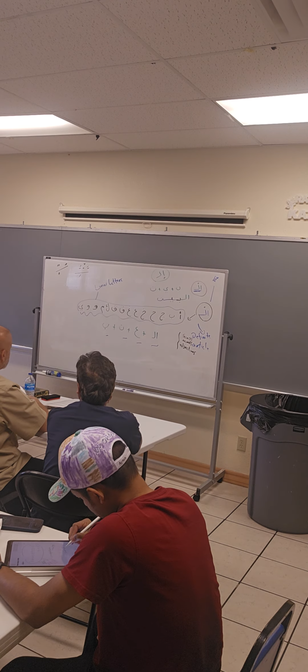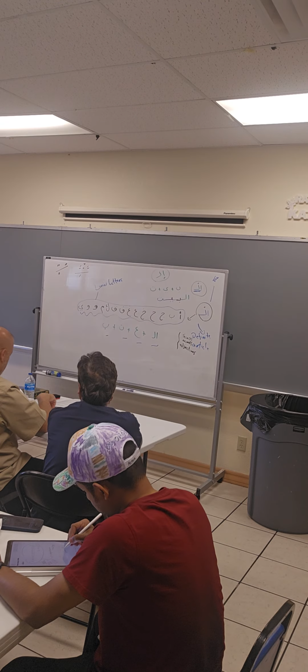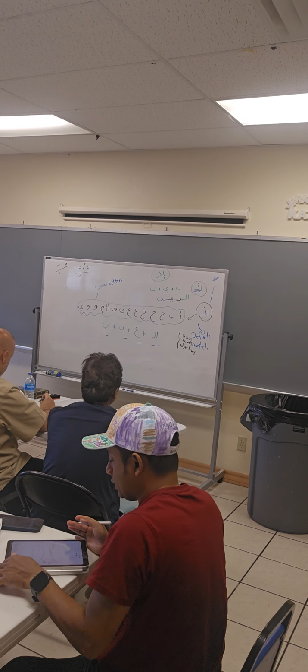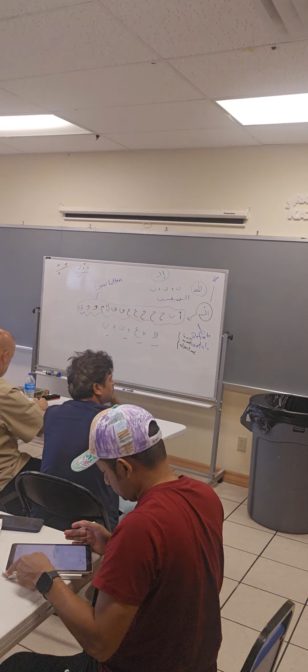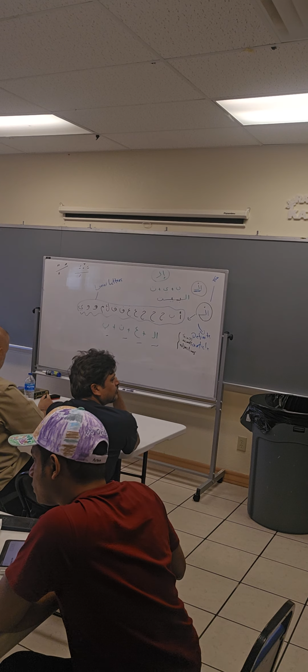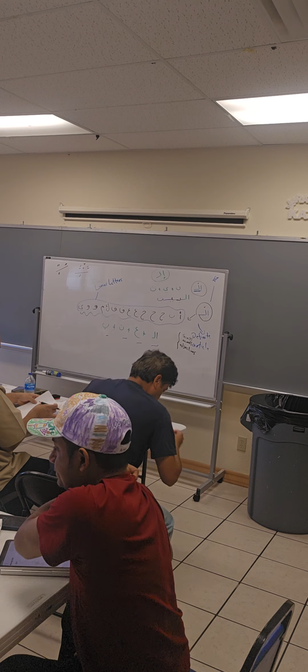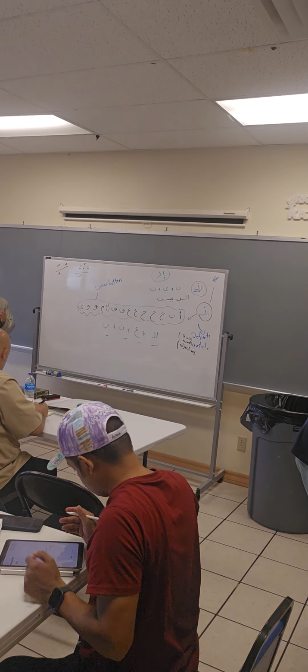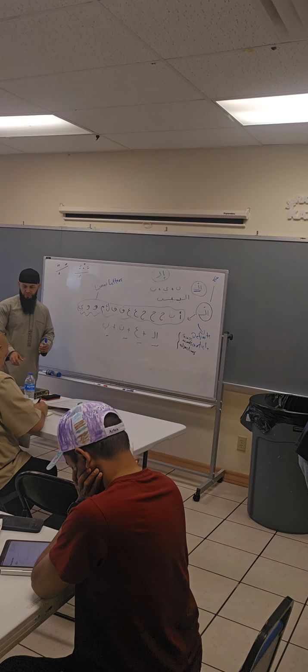Because remember, is the lam from the last group? No. So it can connect. I'm talking about the last group. Only the last group doesn't have a left hand: alif, dal, dhal, ra, za, waw. Remember? So what was the last group?